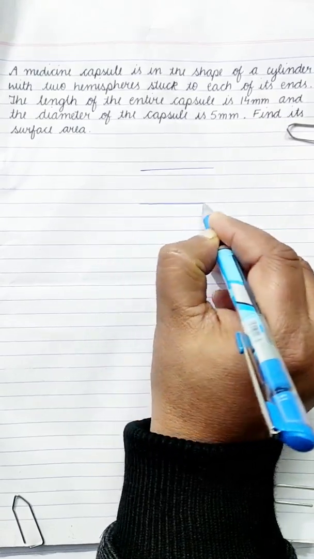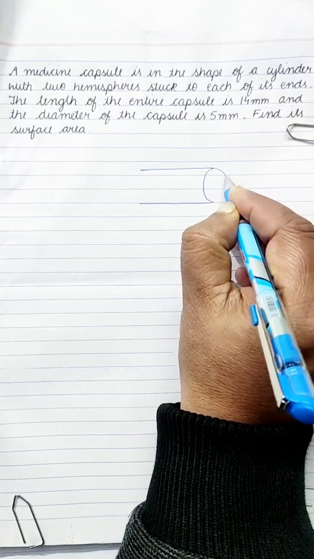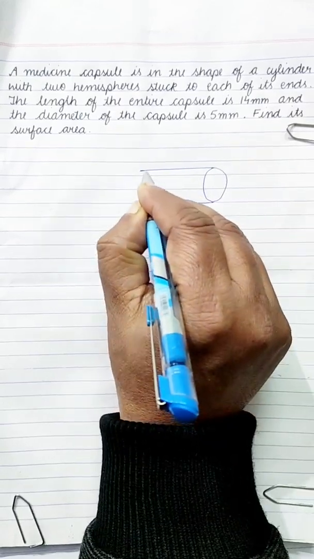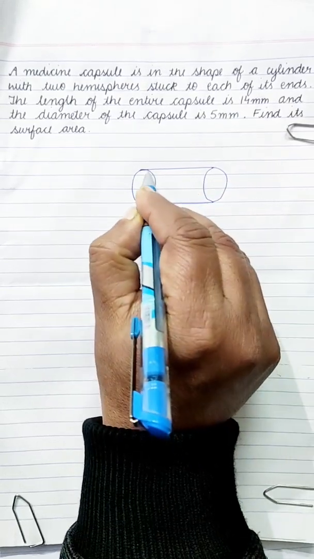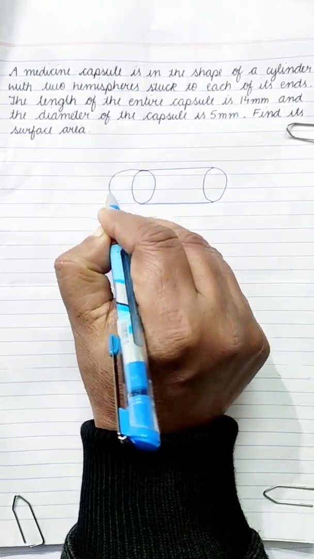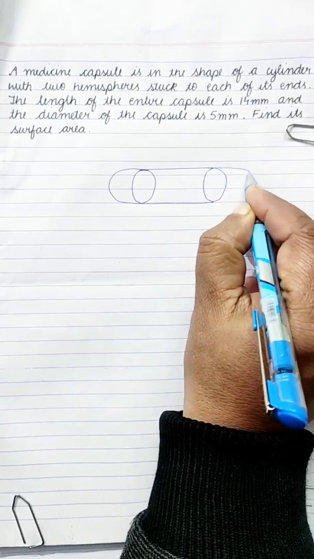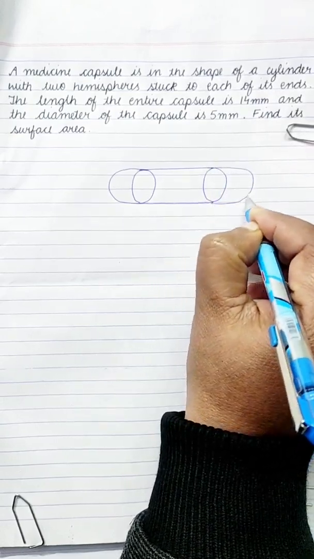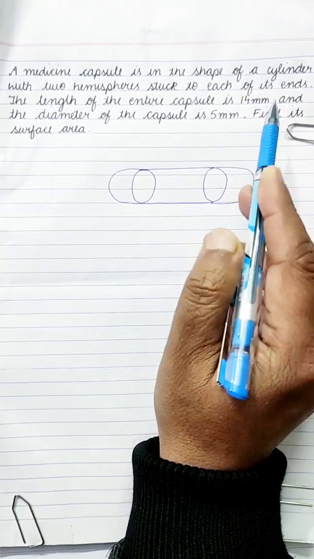Middle part of this capsule is a cylinder. Okay, to the right side of it a hemisphere is stuck, and to the left side also a hemisphere is stuck.